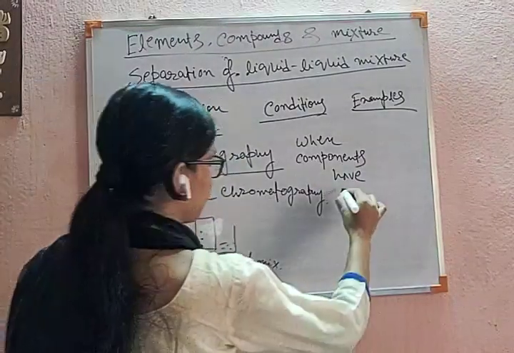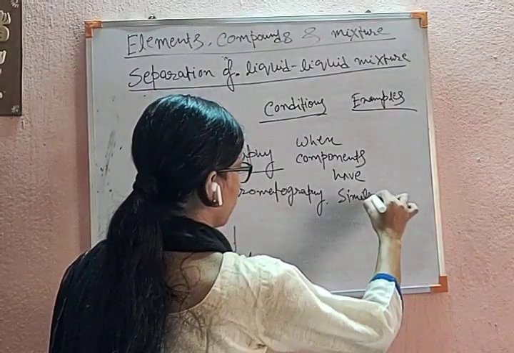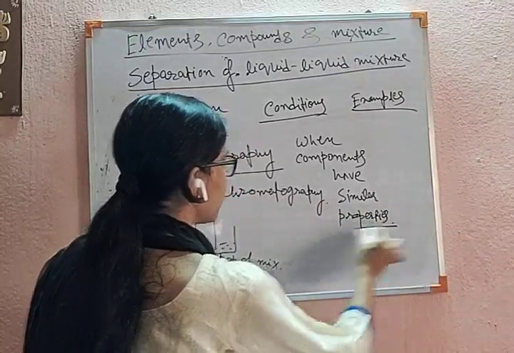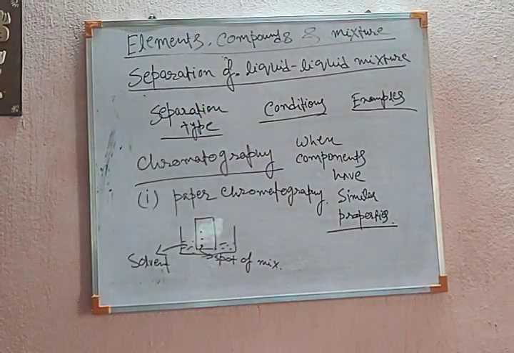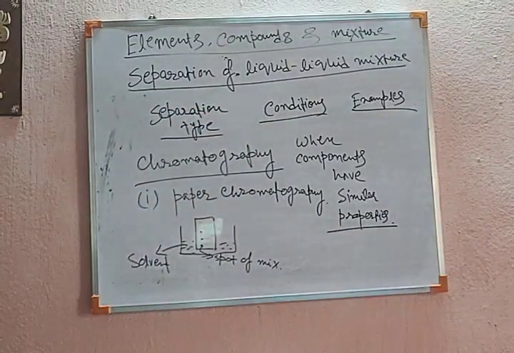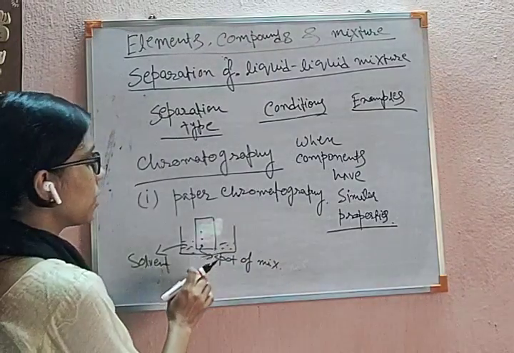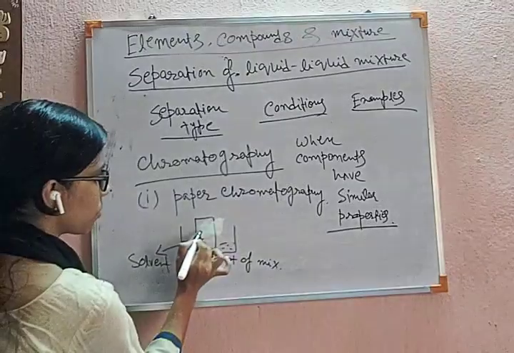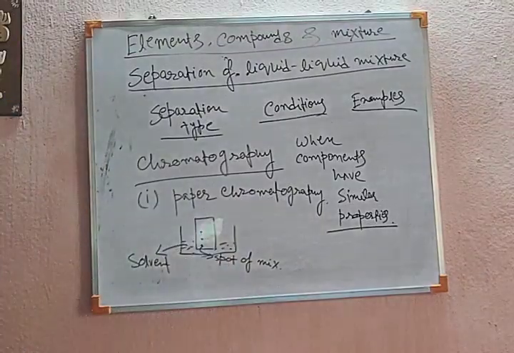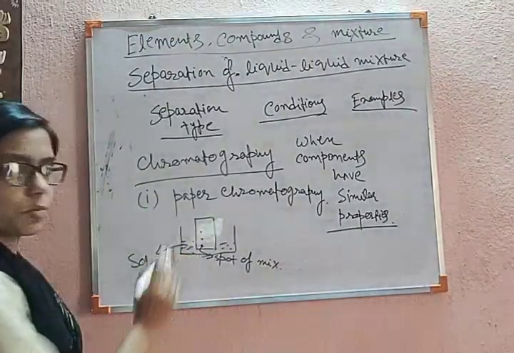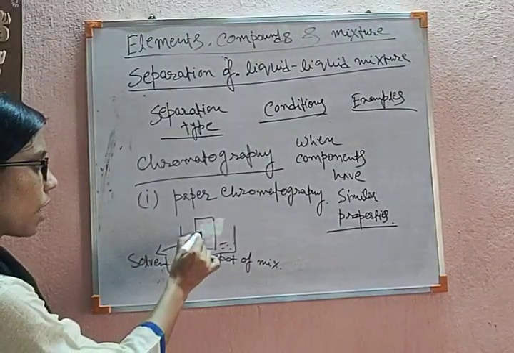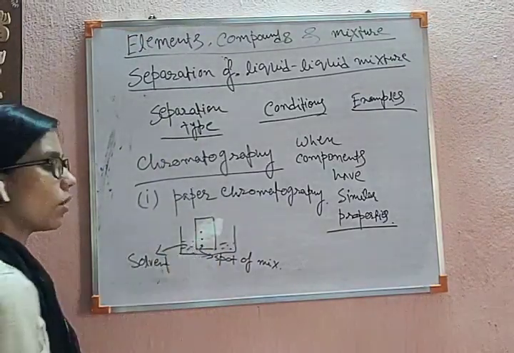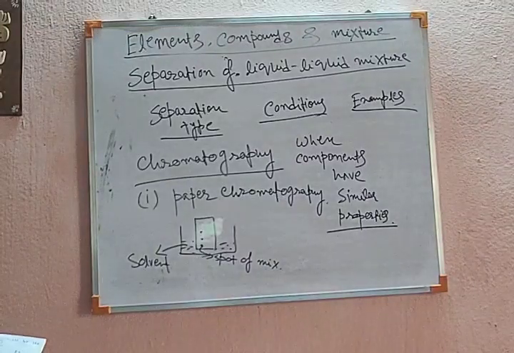Similar properties means they are difficult to separate, so we apply this chromatography technique where there is a difference in solubility. The liquid that is more soluble in a particular solvent gives the upper spot, and the liquid that is less soluble gives the lower spot. That is the separation technique.